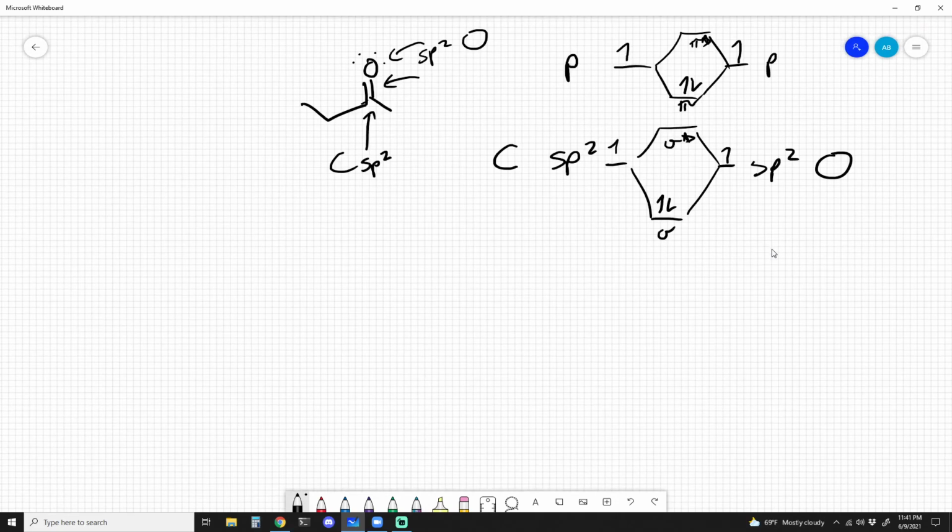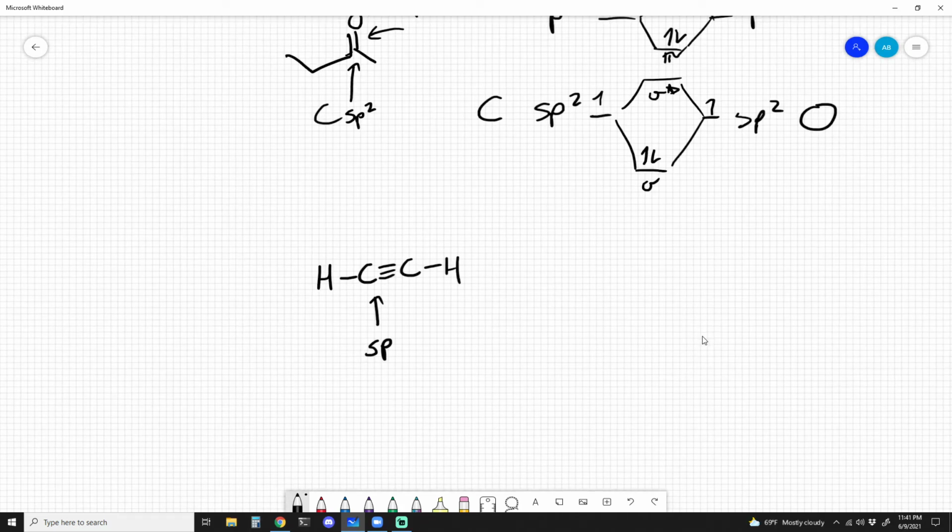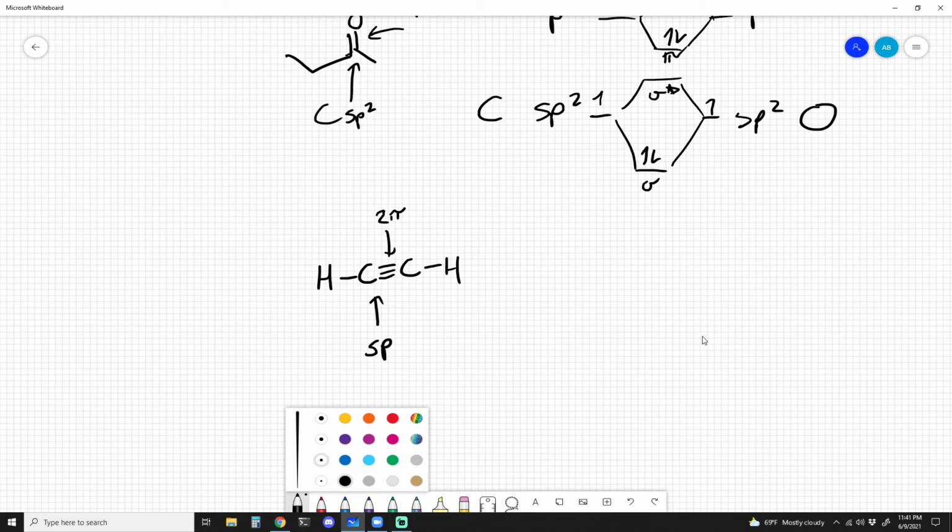One more example here. So let's look at a carbon-carbon triple bond. So we'll just do a very simple carbon-carbon triple bond. Now we're dealing with carbon that's sp hybridized instead of sp2 or sp3. But we have 2 pi bonds. So from an orbital perspective, you have carbon, which has its sp orbitals.